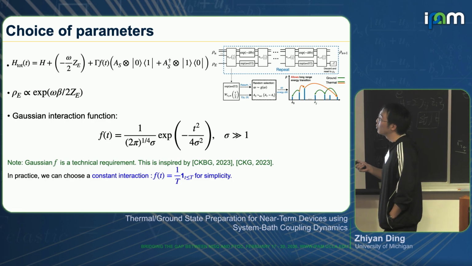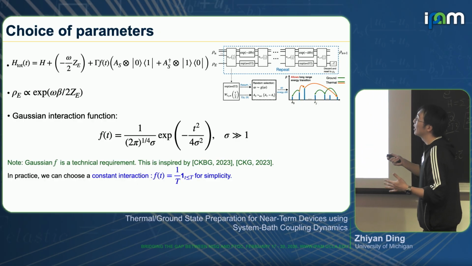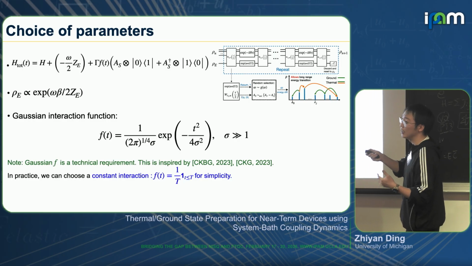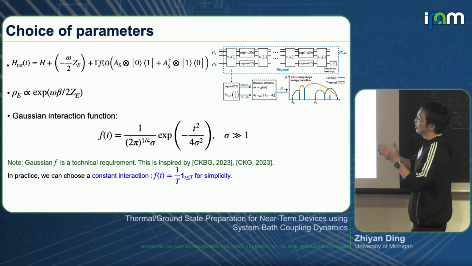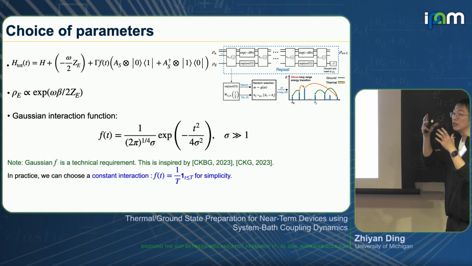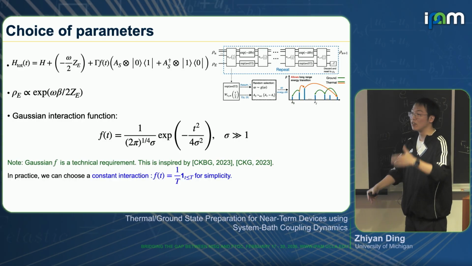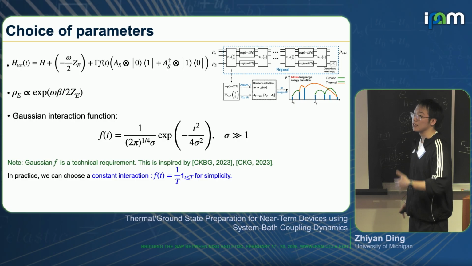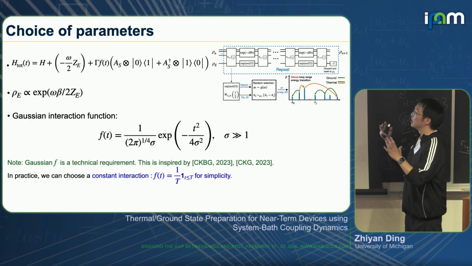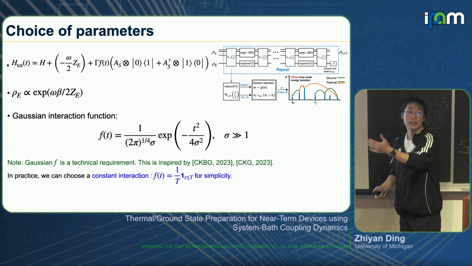Previously, when I introduced the time-dependent Hamiltonians, I didn't tell you what gamma and f(t) are. Basically, these parameters gamma and f(t) control the coupling strength between my system and the bus. You can imagine that if gamma is larger and f(t) is larger, this essentially means there are strong couplings between my system and the bus.